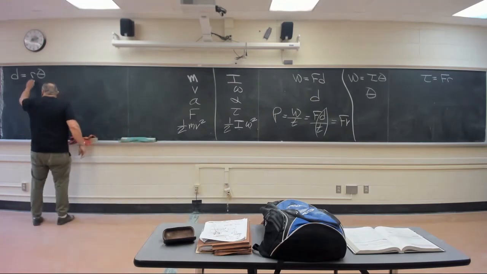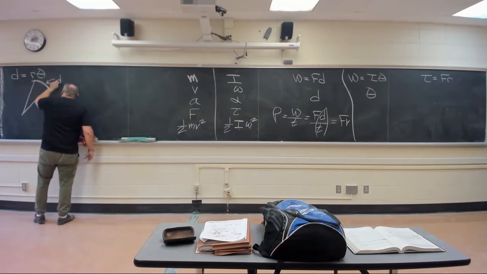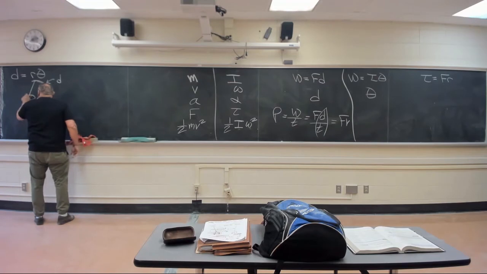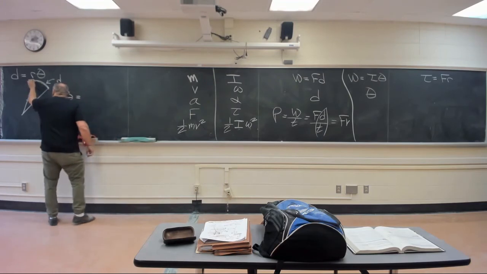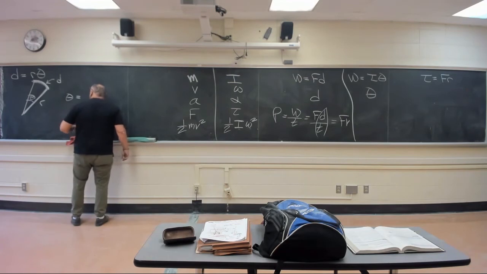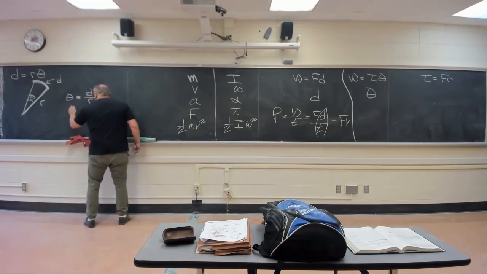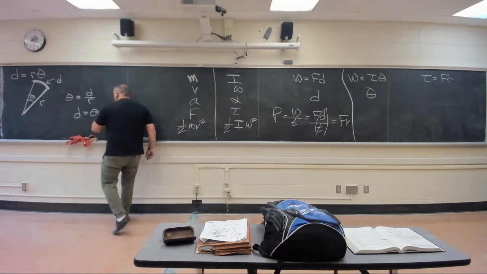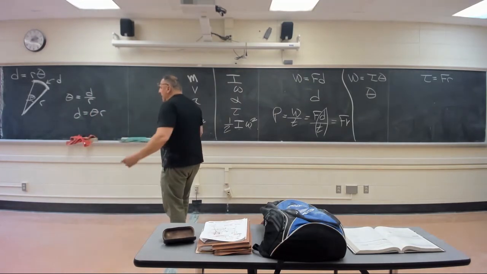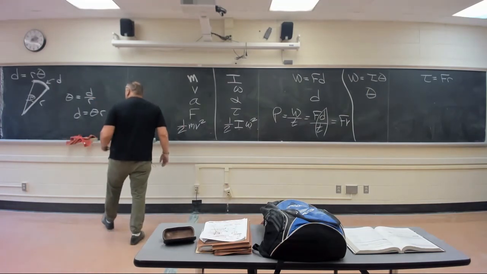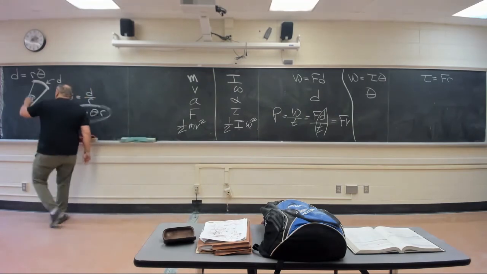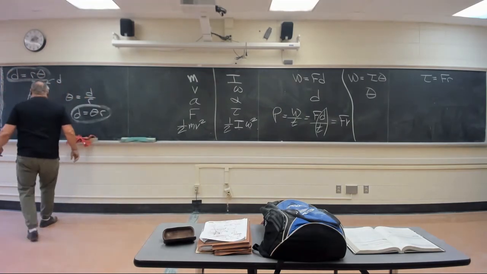If you look at it, that's D, this is R, this is theta. Theta is the ratio of the arc length to the radius, D divided by R. If you multiply by R on each side, D equals theta times R, or R times theta. We can debate that one too, however we want to write that. They mean the same thing, right? Theta times R, R times theta. And that's in the rotational realm.